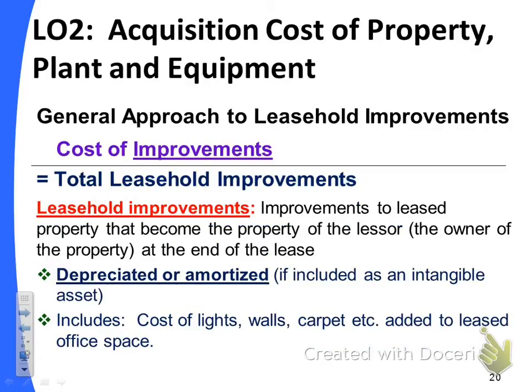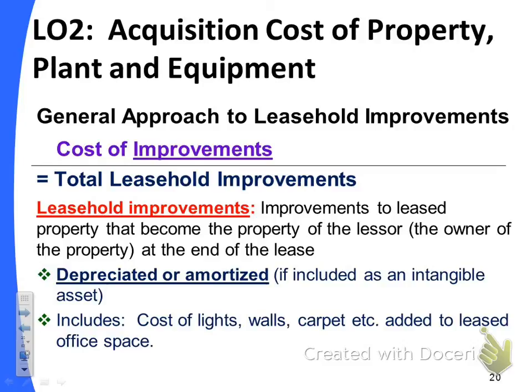You can also have what we call leasehold improvements. So when you go into the mall, Macy's has space in Crossgates Mall. Any improvements that they do to that space are called leasehold improvements. They become, technically speaking, the property of the owner at the end of the lease.